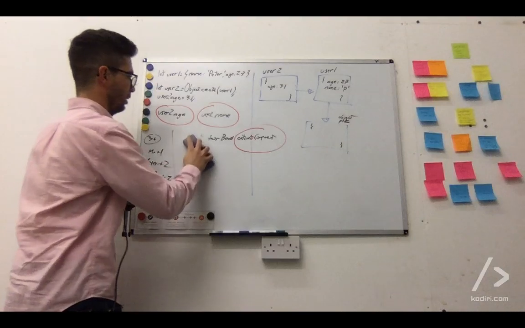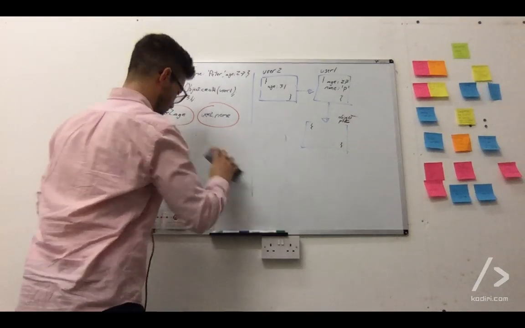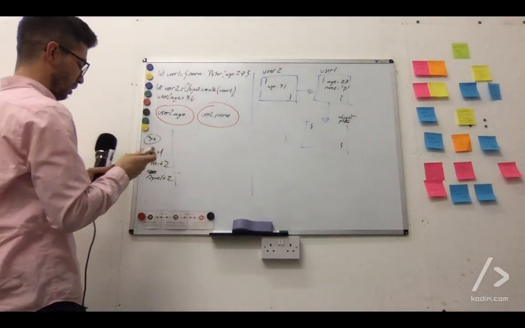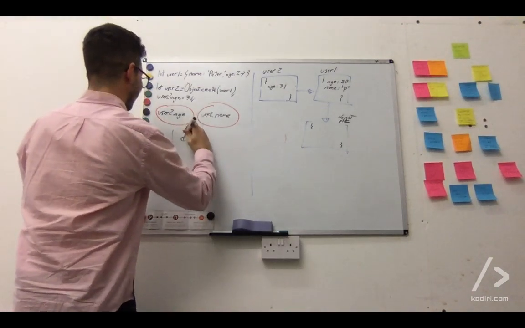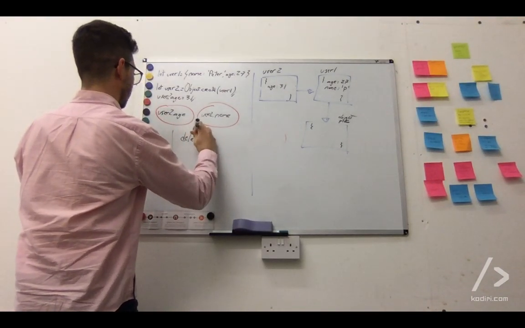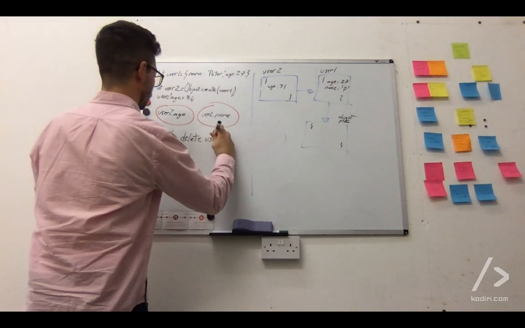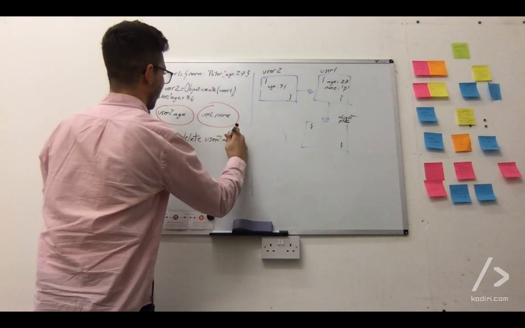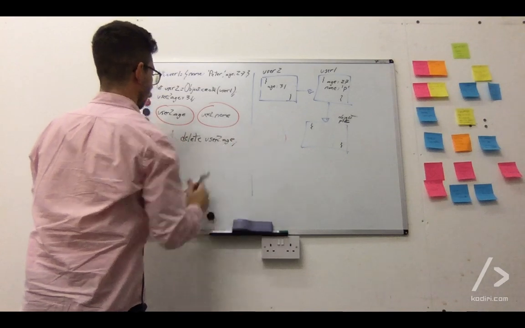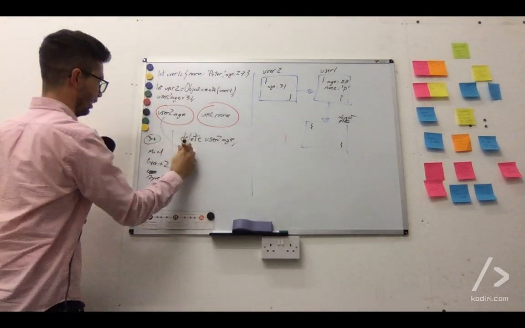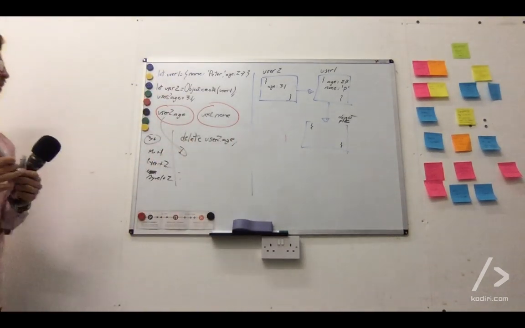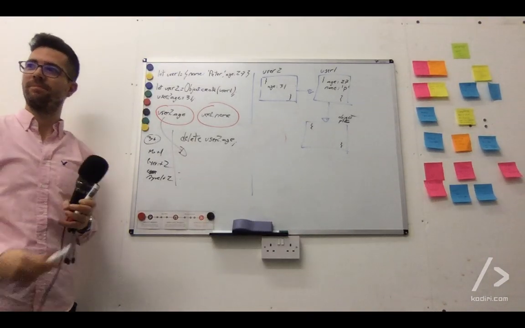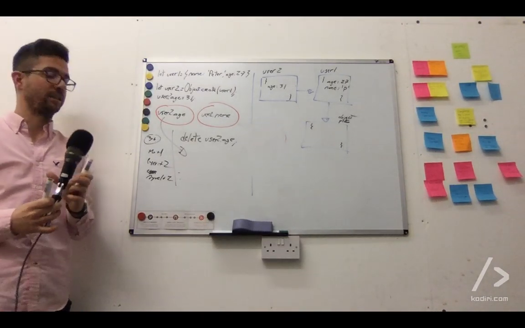What happens if now I do delete user2.age and then I display user2.age? That's correct.